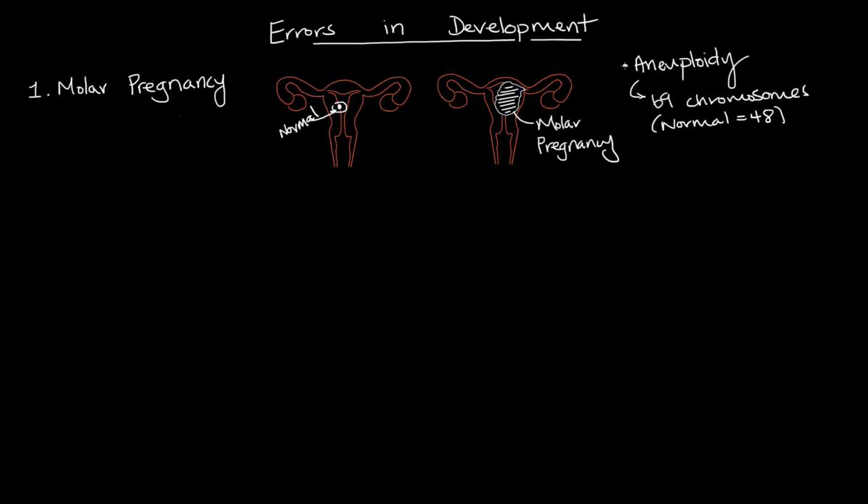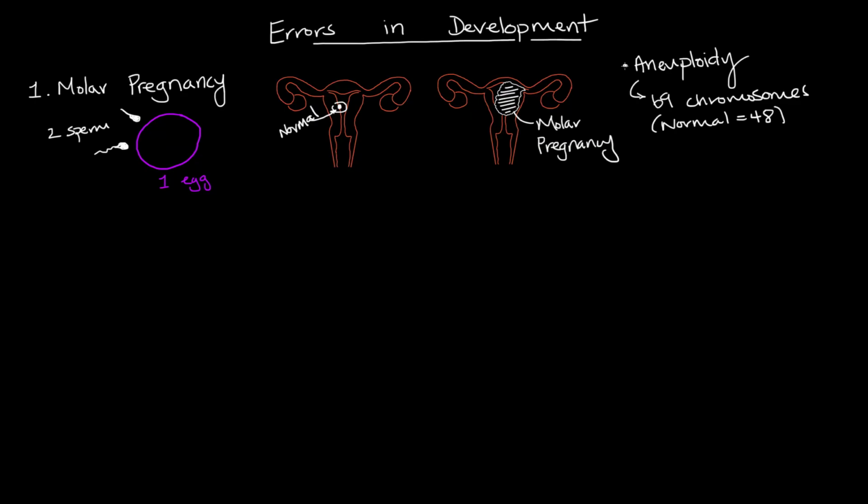And so what's happening from a biology standpoint is that the egg gets fertilized by two sperm. So there's one egg and two different sperm that make it into the egg.